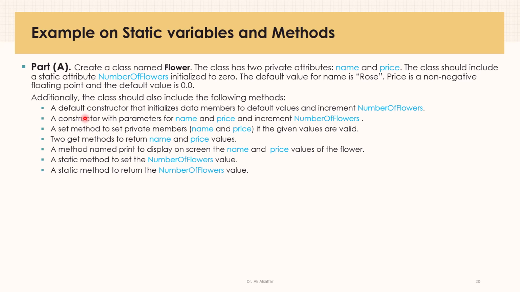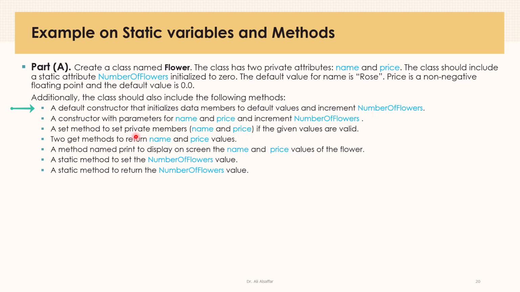So what are the methods that we need, in addition to the data members, in this class? Additionally, the class should also include the following methods. First, we need two constructors. The first constructor is a default constructor that initializes the data members to their default values, and at the same time it will increment the static variable numberOfFlowers by 1.